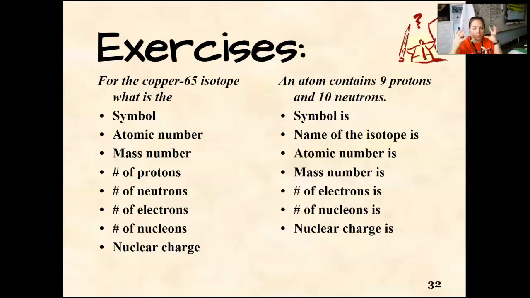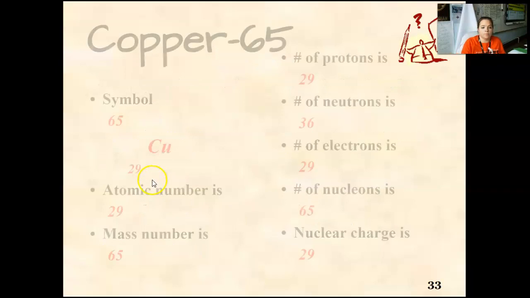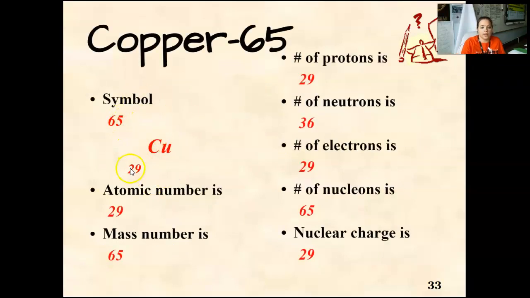Now we can figure out the protons, neutrons, and electrons. With isotopes, the electrons are going to match the protons. Atomic number is 29, mass number is 65. The number of protons is going to be 29, and the number of electrons is going to match, 29.